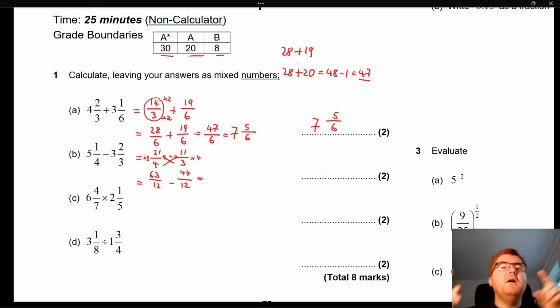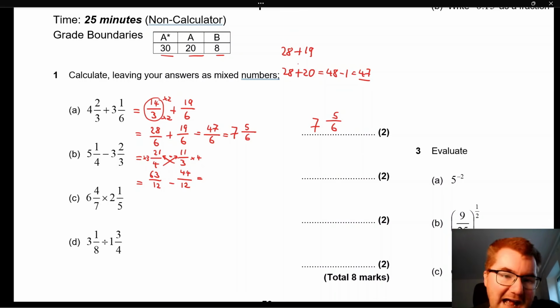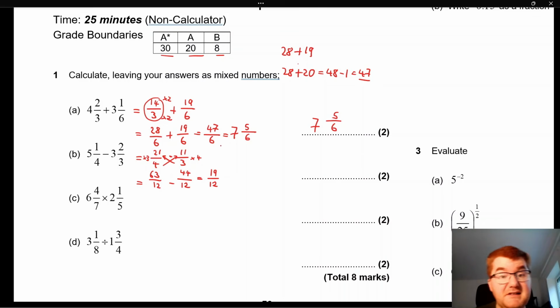And remember, one of the biggest mistakes made here is you forget to subtract rather than add. So we're going to do here 63 minus 44. Again, we're trying to use all those mental methods to do this. This is going to give us then 19 over 12. Again, a way of checking that is just do 44 plus 19. Do you get back to 63?